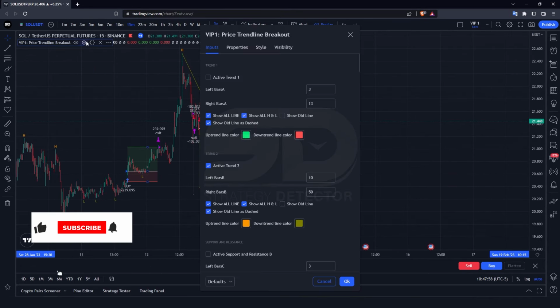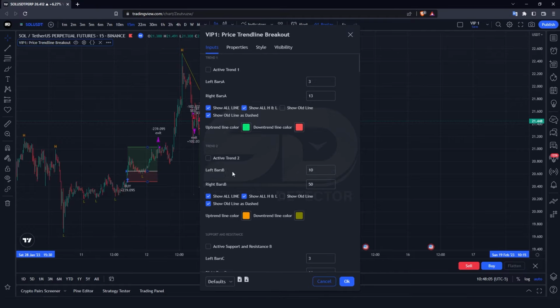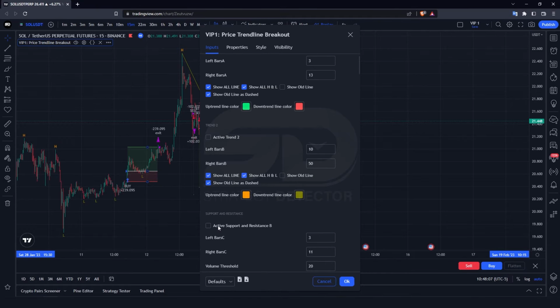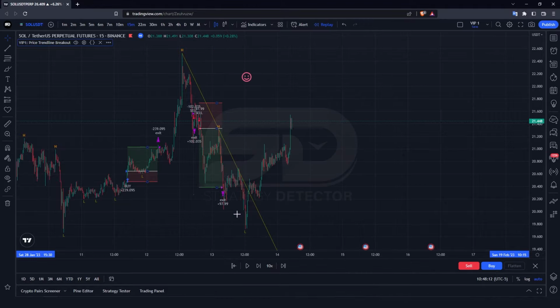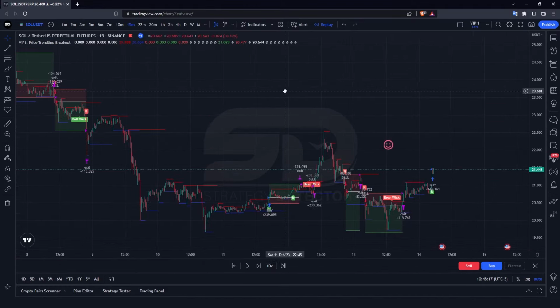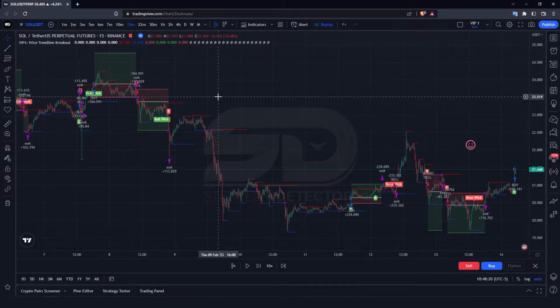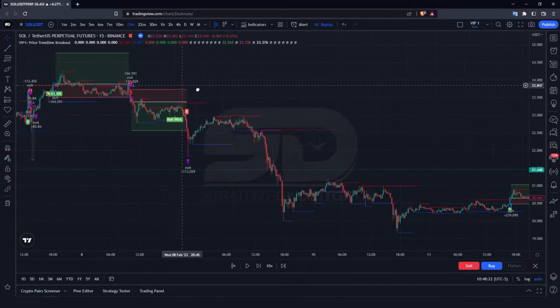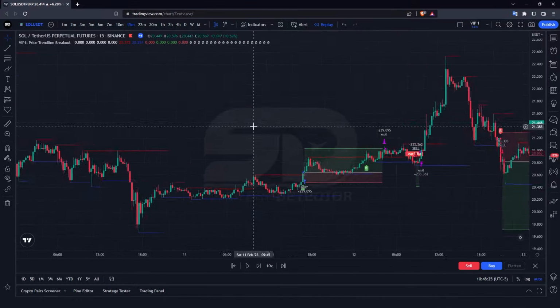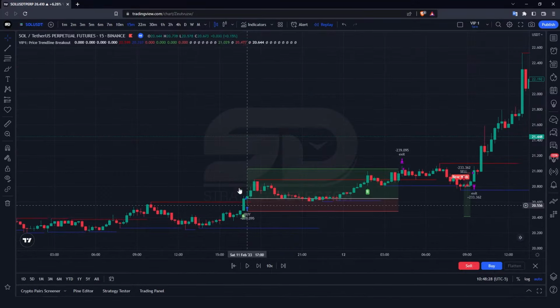Here in the last part, we can turn off trend line 1 and trend line 2 and only enter positions using support and resistance. You can choose this one to show the support and resistance lines and take positions with support and resistance breakouts. Now in different parts of the chart, like here, you can see a breakout.